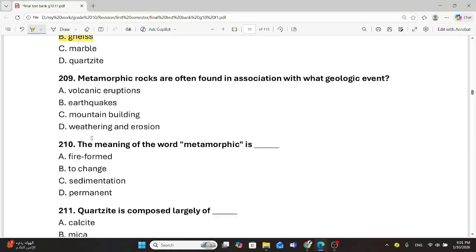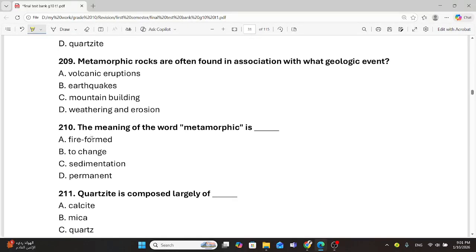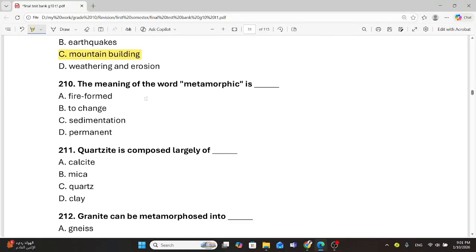Gneiss. Metamorphic rocks are often found in association with what geological event? Volcanic eruption ولا earthquake ولا mountain building ولا air weathering and erosion. هتبقى mountain building. طيب the meaning of the word metamorphic is to change.